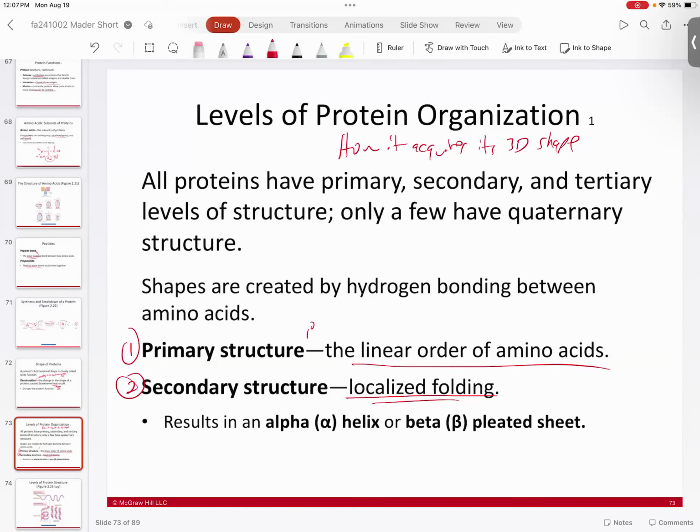What we mean by localized is basically the backbone of the polypeptide interacts with itself and starts to form two different shapes, either an alpha helix that's held together with hydrogen bonds, or a beta pleated sheet, which is like a little accordion, which is also held together with hydrogen bonds.